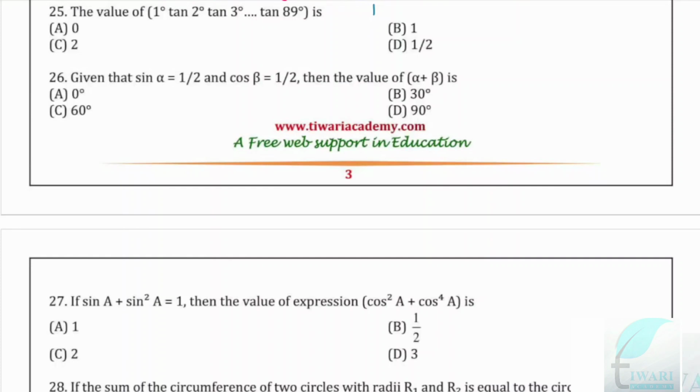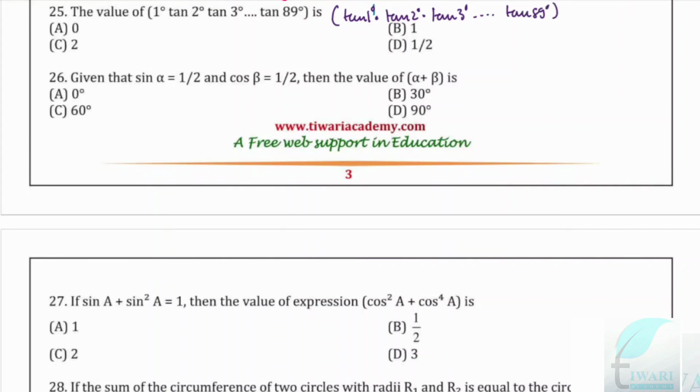Question number 25. The value of tan 1 degree, tan 2 degrees, tan 3 degrees and so on till tan 89 degrees is what? So first let us take this term. Tan 1 degree is multiplied by tan 2 degrees, multiplied by tan 3 degrees, similarly till tan 89 degrees.